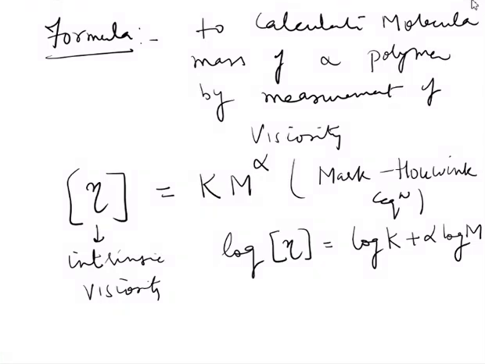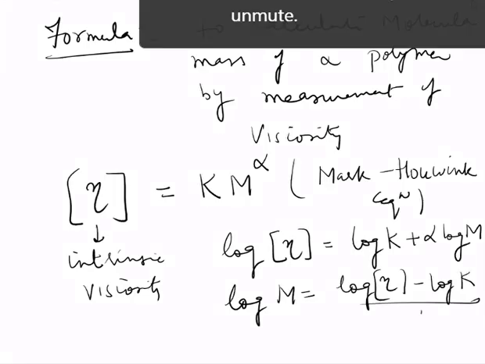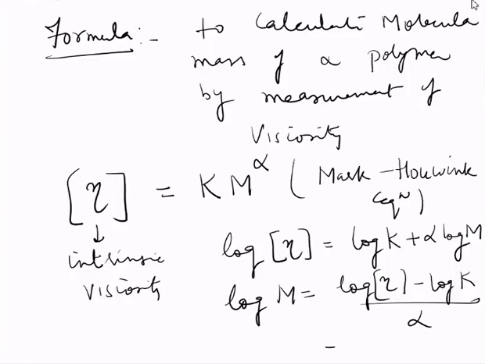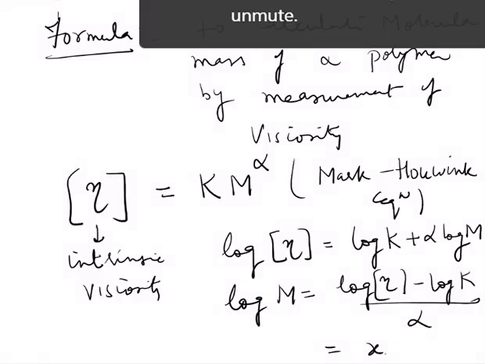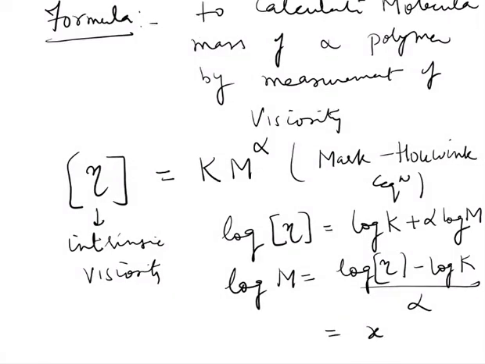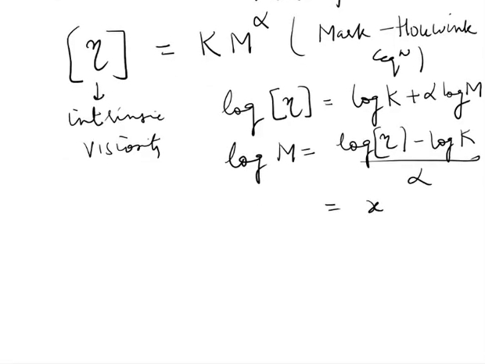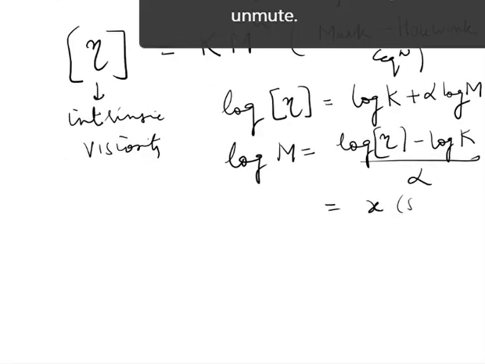So log M, which can be written as log eta minus log K upon alpha, and we say that after solving it you get the answer as X class. ठीक है? X we say. ठीक है?